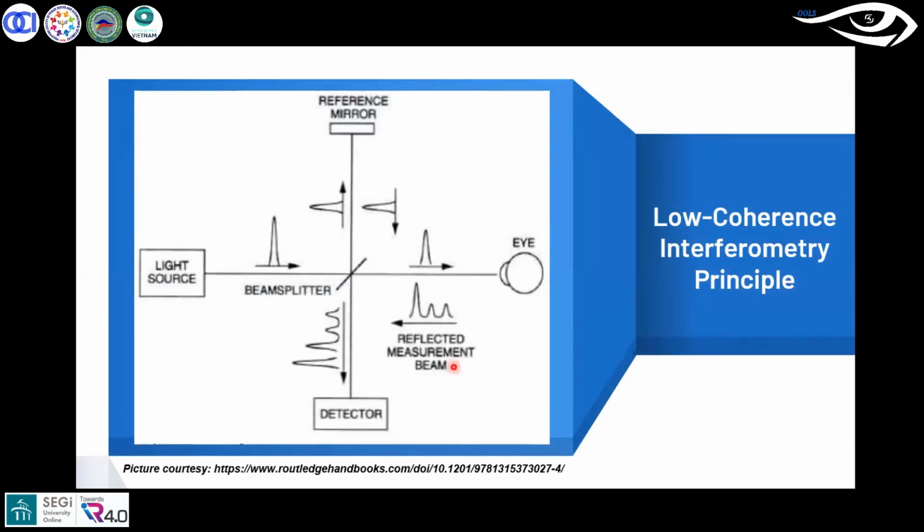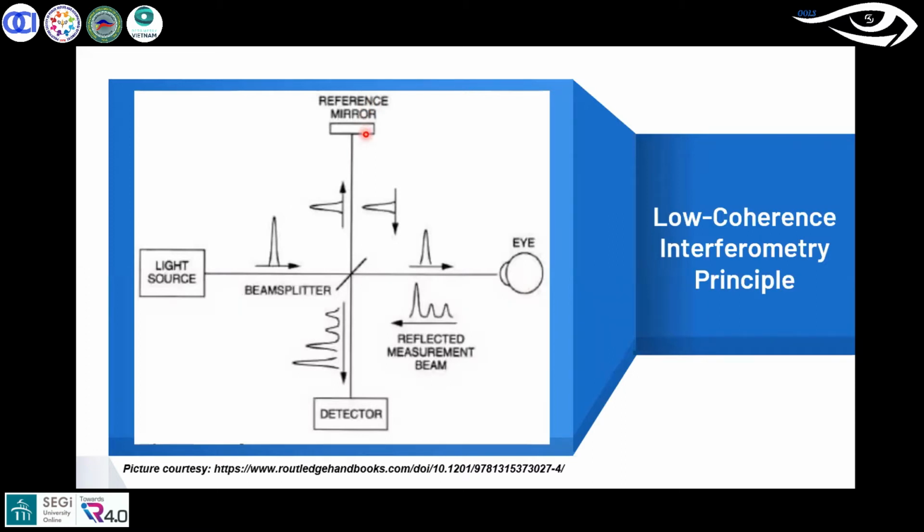Before we move on to the other things, I think we should get to know about the principle of AS-OCT specifically. We have a light source which is coherent, and this gets split by the beam splitter. One beam reaches the sample, and the other goes to the reference mirror.